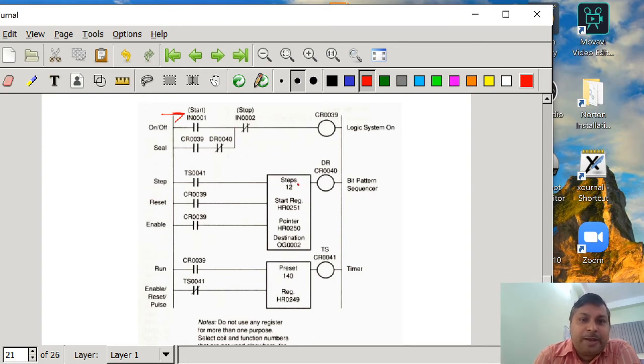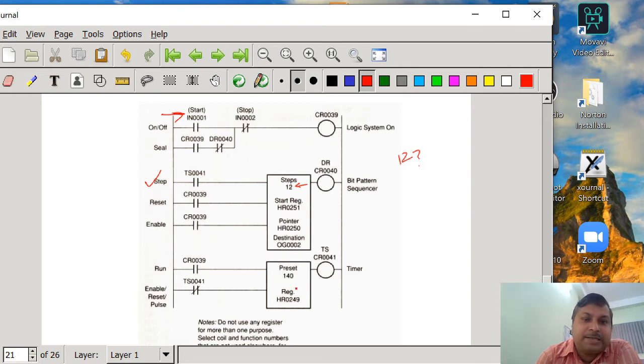Here we have written 12 steps, but we want to perform only 11 steps. Why have we written 12? I am going to discuss that. First, you see the step we have used, that is the address of the timer TS41.